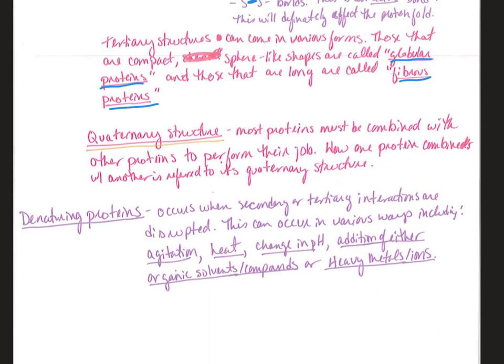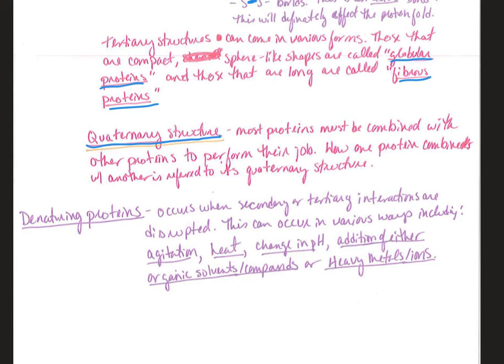Finally, we have what's known as the quaternary structure. Now you might think there's nothing left. How do we have something that's quaternary at this point? Well, quaternary structure comes from the fact that a protein often, like all the amino acids that are linked together in one big glob, doesn't work by itself.